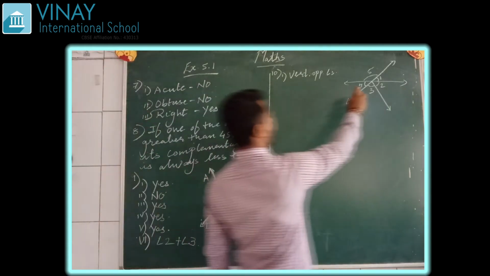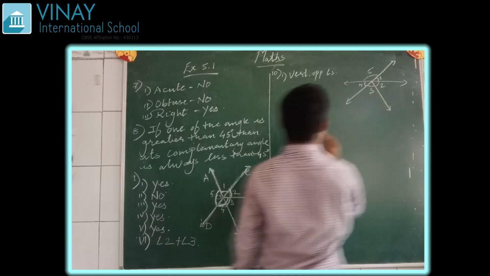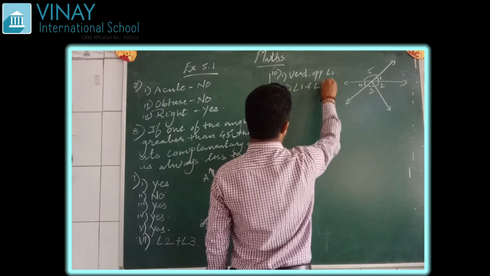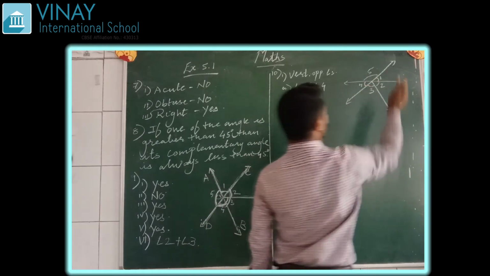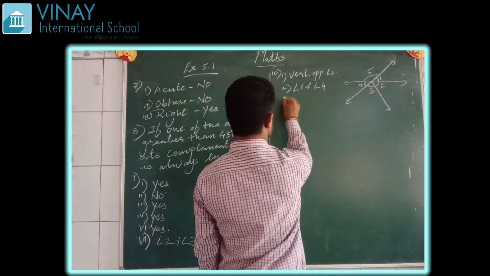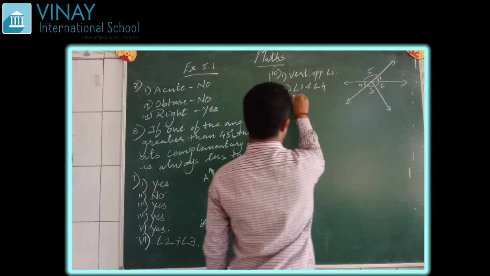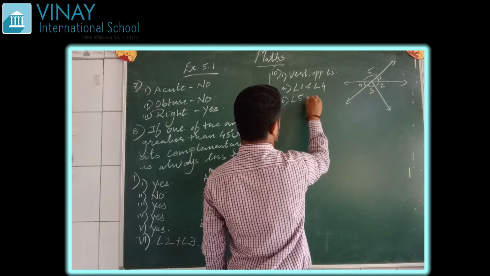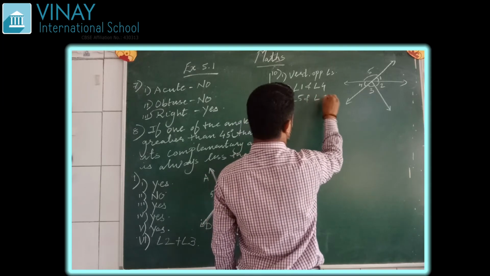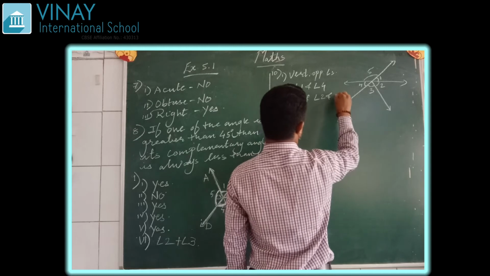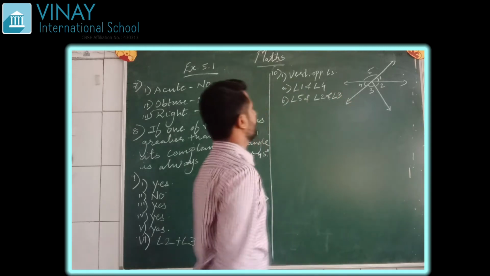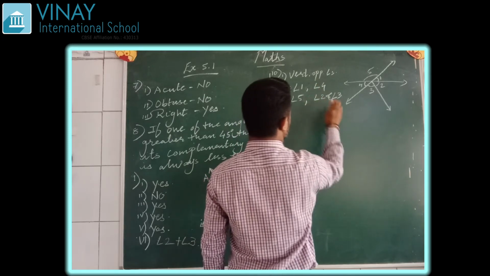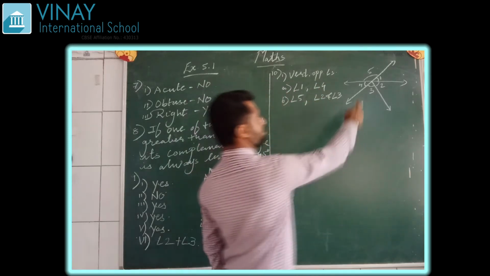If we see the figure, we will find that the first one is angle 1 and angle 4. These are the vertically opposite angles. Then second one, angle 5 is vertically opposite angle 2 and angle 3.